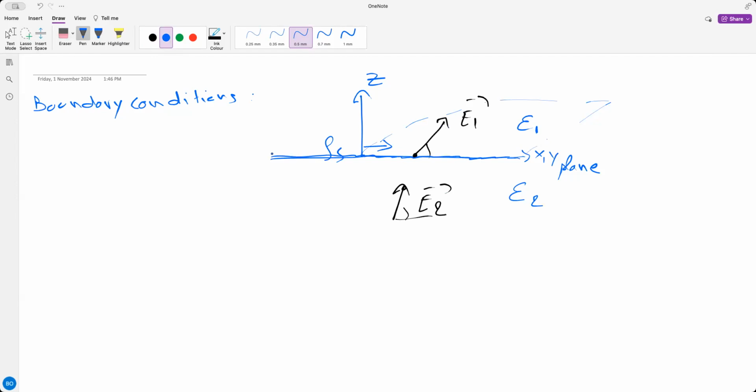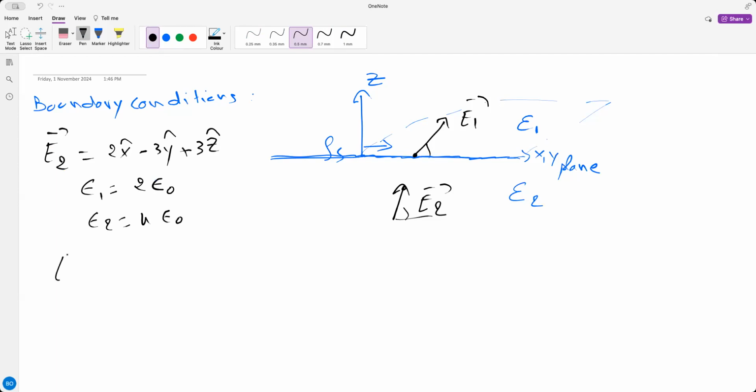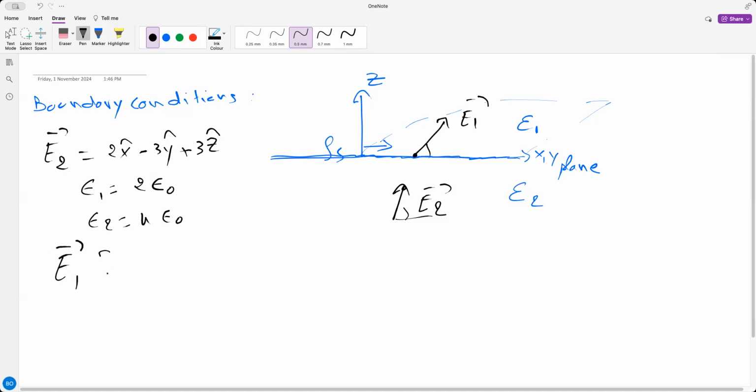Let's assume the electric field E2 is equal to 2x minus 3y plus 3z, and epsilon 1 is equal to 2 times the permittivity of free space, and epsilon 2 is equal to 4 times epsilon 0. Calculate the component of E1.